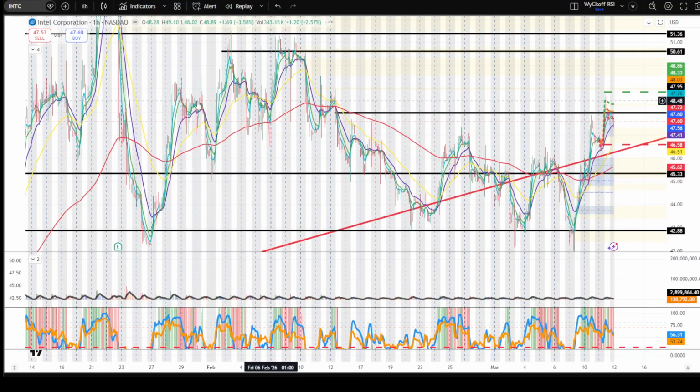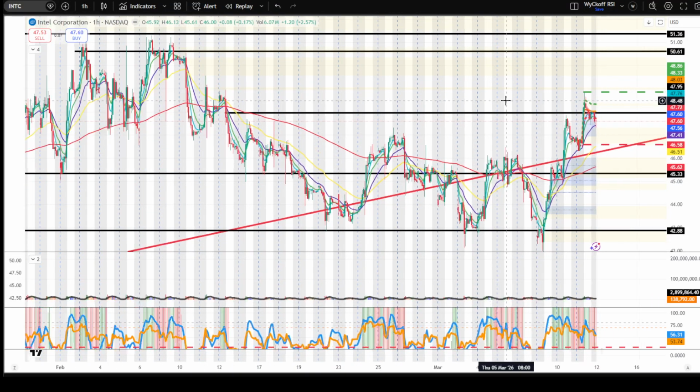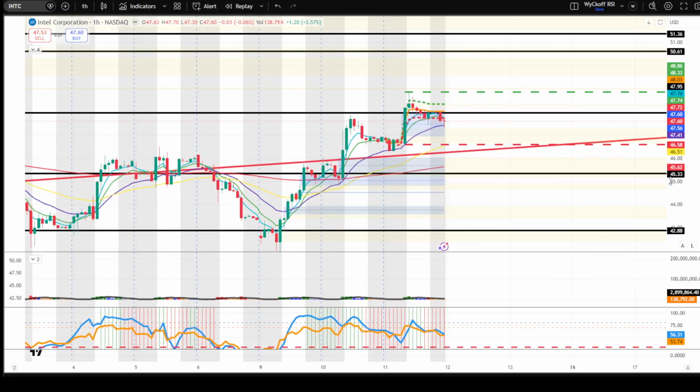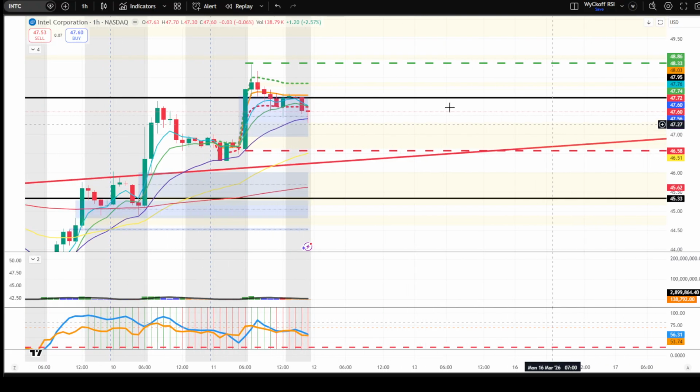Multiple areas of support and resistance. So these are going to be key levels to watch tomorrow if it possibly ranges, consolidates until it decides what it wants to do.